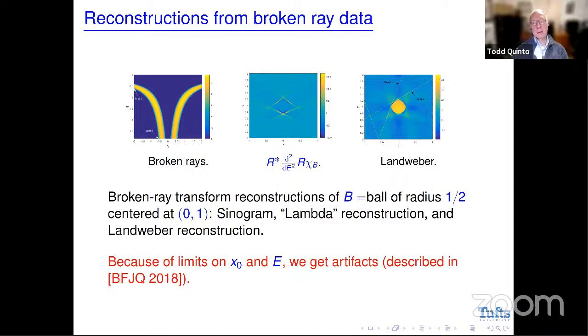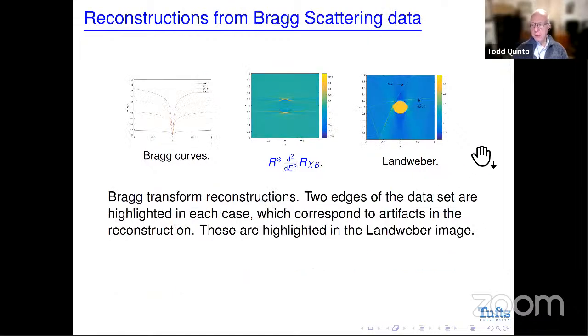Because we're integrating over lines, that's the relation to this. Good. Okay, for the Bragg curves, we have these weird curves, and we have the same object, and we do the same types of reconstructions, but with R being the Bragg transform and R star being the back projection for Bragg.